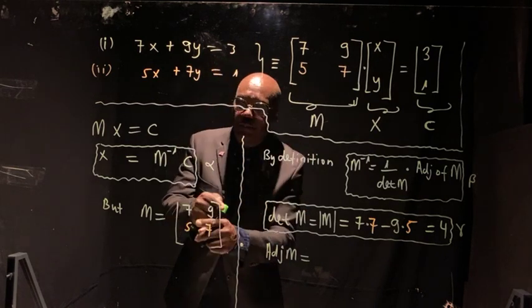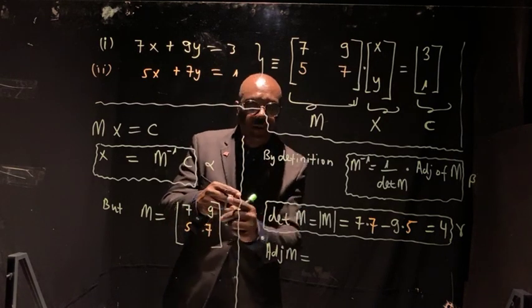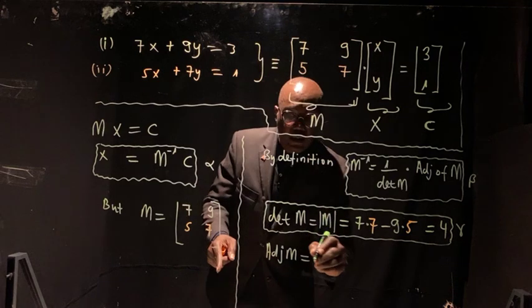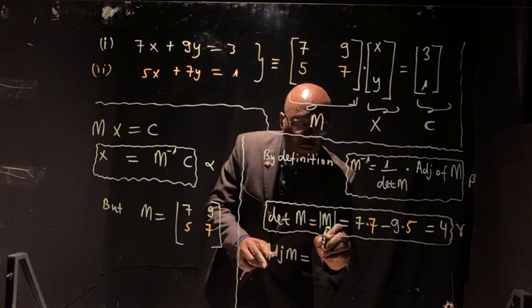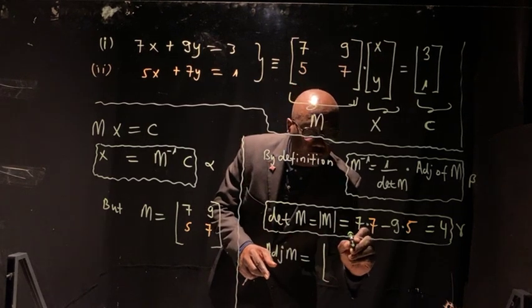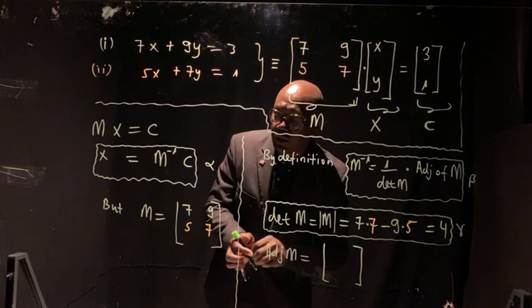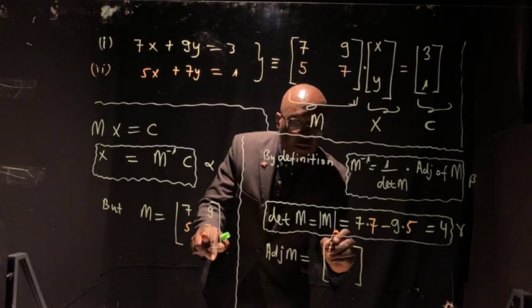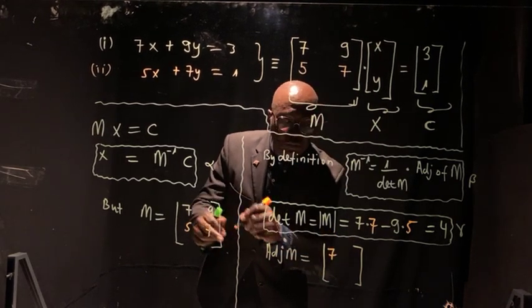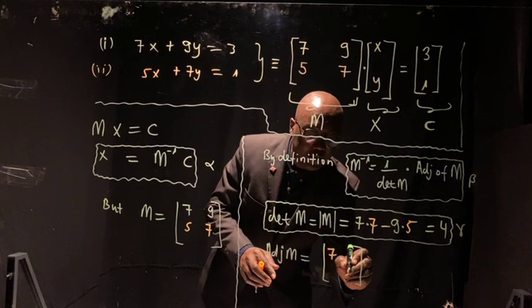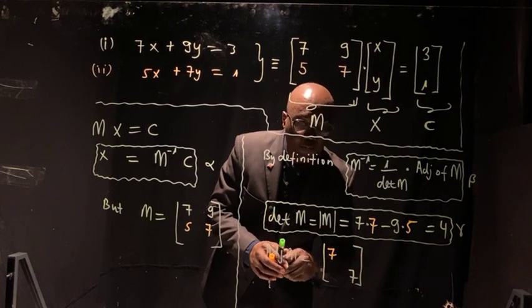You swap their positions. In that case, the adjoint of M becomes: 7 comes here, whatever is here you swap their positions, and the other 7 comes here.